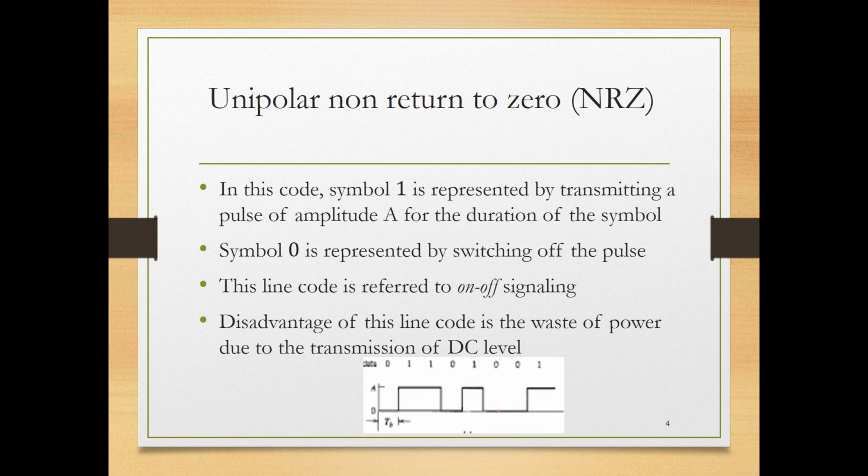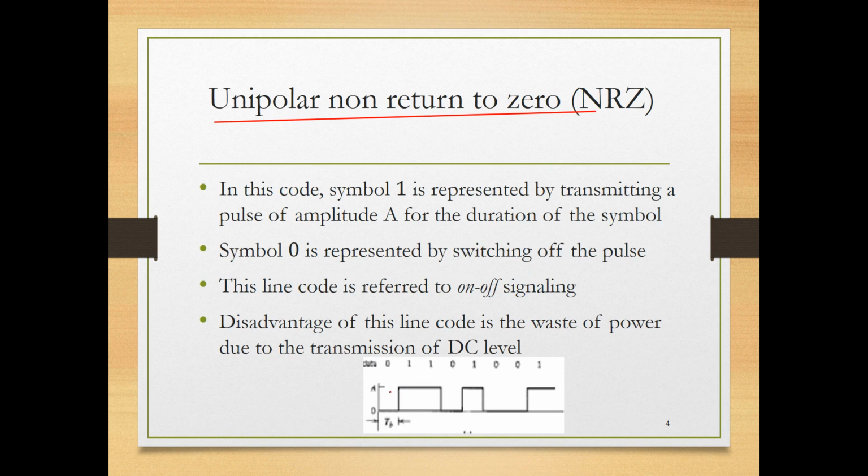There is no negative side of the signal. Non-return to zero means when you represent digit 1, you don't return to zero. It's positive, whatever the value is, but it must not return to zero. That's why we call this line code unipolar non-return to zero.